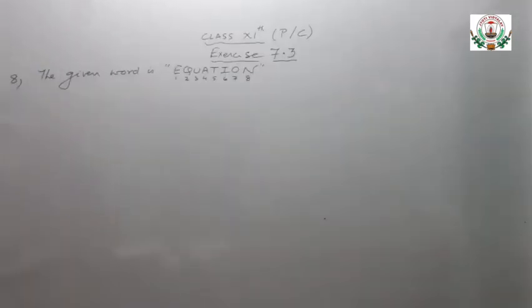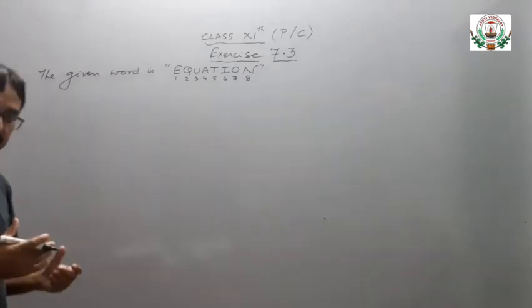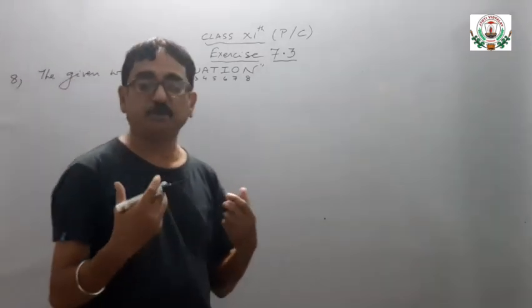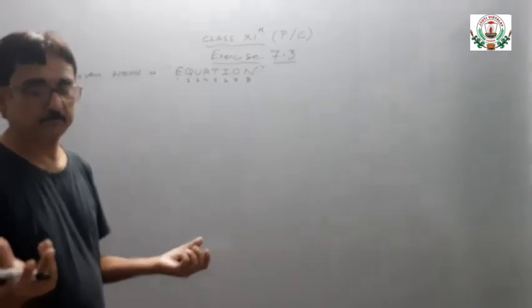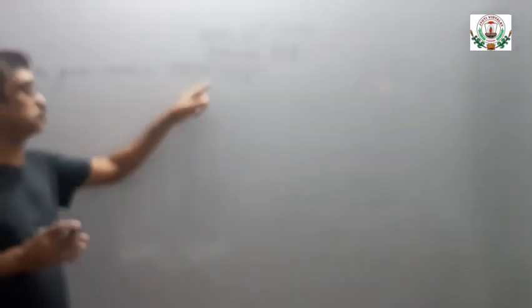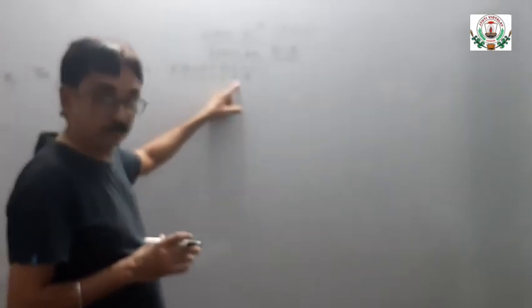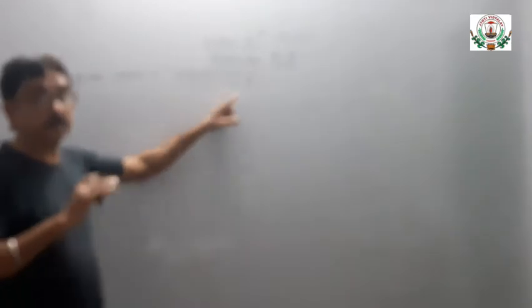And we have to make a word, with or without any meaning. चाहे उसका मीनिंग हो चाहे ना हो, but we have to make a word from the letters used in this given word EQUATION without any repetition of the letter.